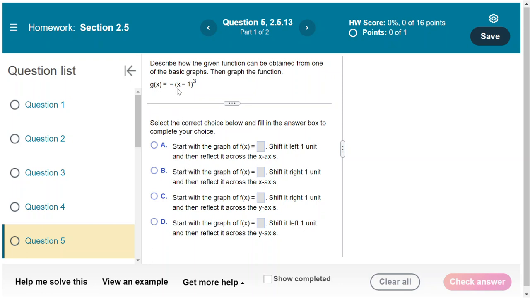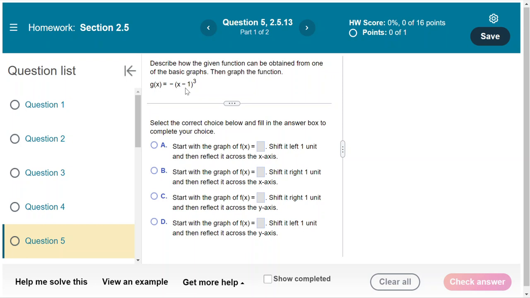So here it says describe how the given function can be obtained from one of the basic graphs, then graph the function. In this case, our parent function, or basic function, is y equals x cubed, or f of x equals x cubed. Now the minus out front here is going to cause a reflection through the x-axis.